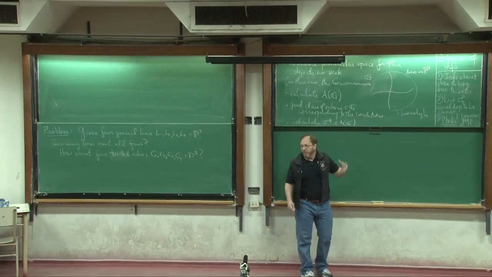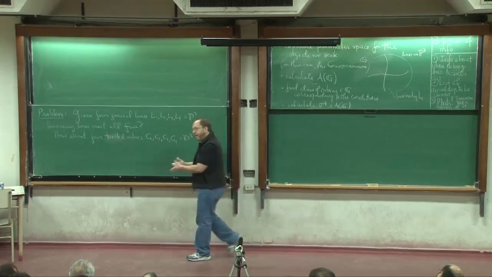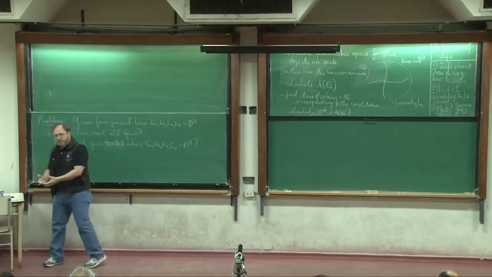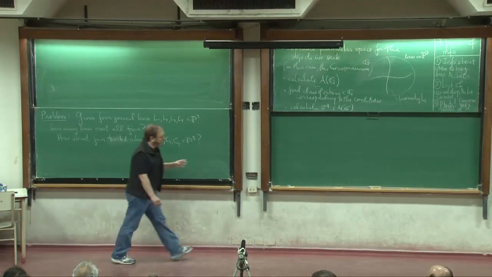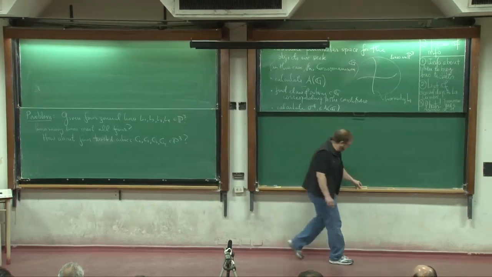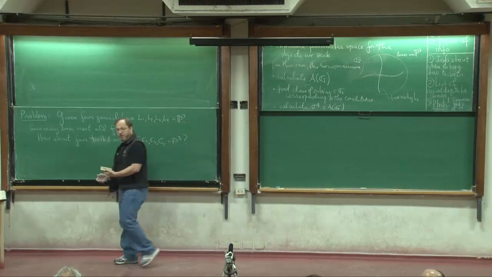Parameter spaces are fundamental in this subject because it's by applying intersection theory to parameter spaces that we answer these sort of geometric questions. And we'll have another lecture later in the week in which we talk about the art of constructing the right parameter space for a given problem.